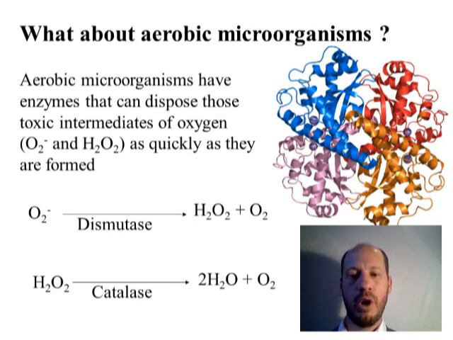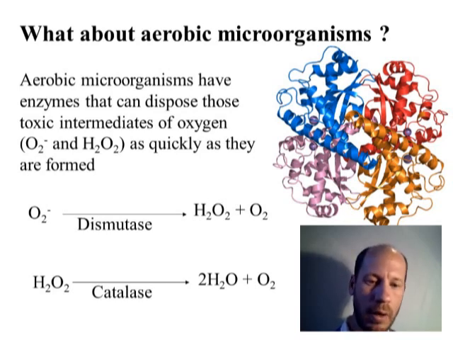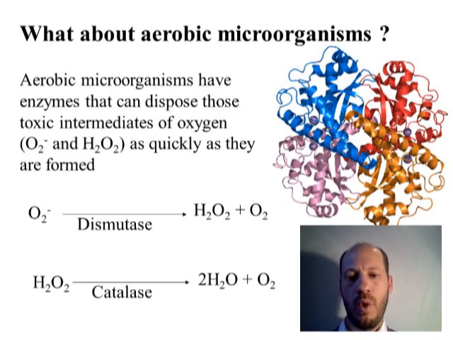There is the superoxide dismutase, which transforms the superoxide into hydrogen peroxide, and then the next enzyme on that cycle is the catalase, which will transform the hydrogen peroxide back into O2 and water. So that's the mechanism that microbial cells and all cells use to cope with oxidative stress.